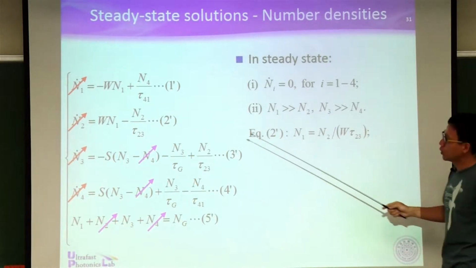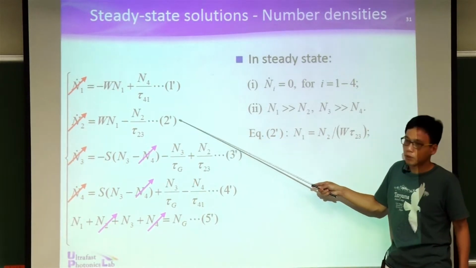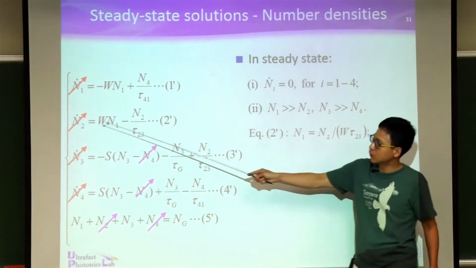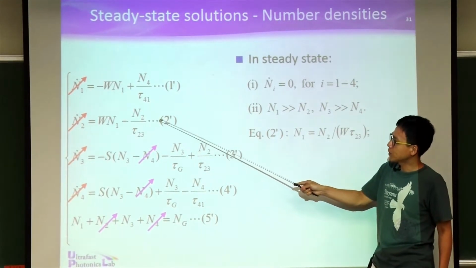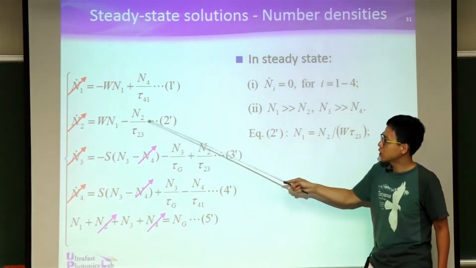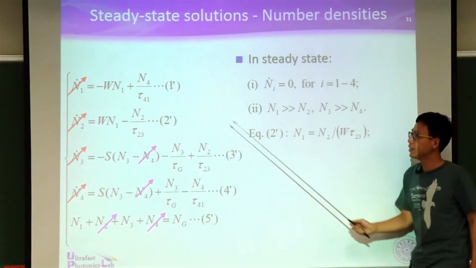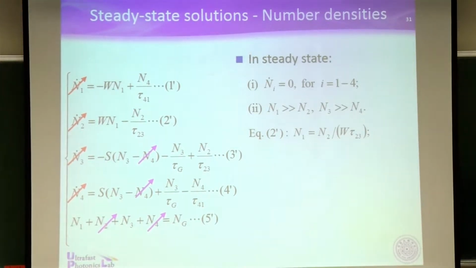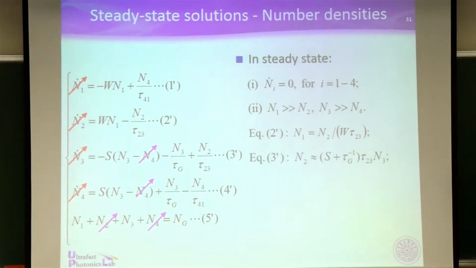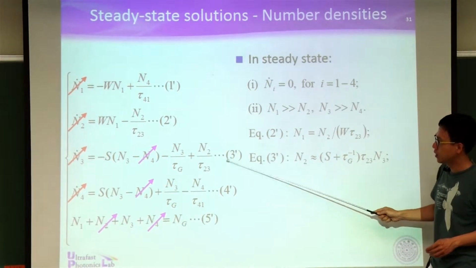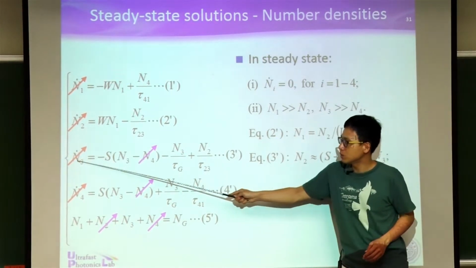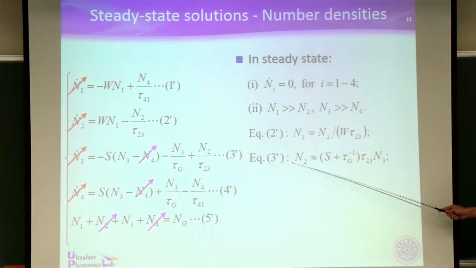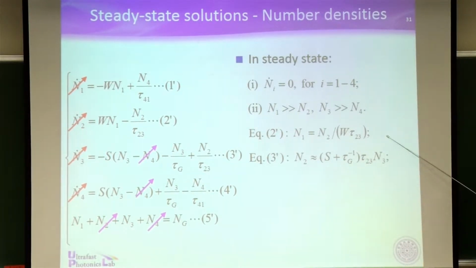Then we start with equation 2 prime here. In equation 2 prime, if this is 0, you can represent N1 in terms of N2. You get this equation. And by equation 3 prime, because these 2 terms are already 0, you can represent N2 by N3.